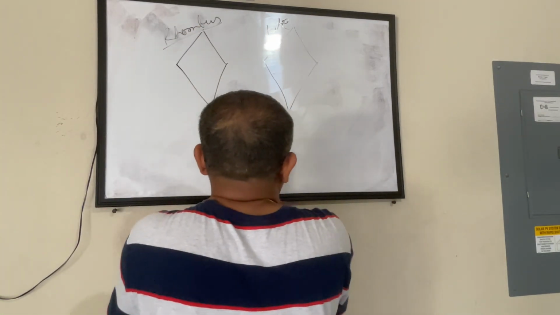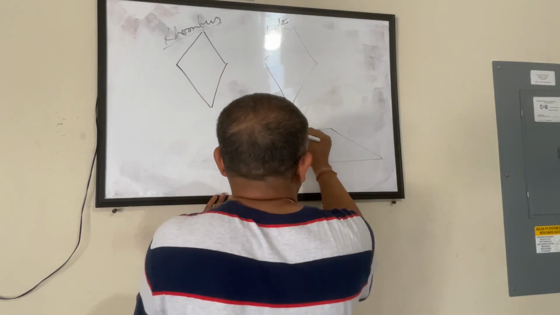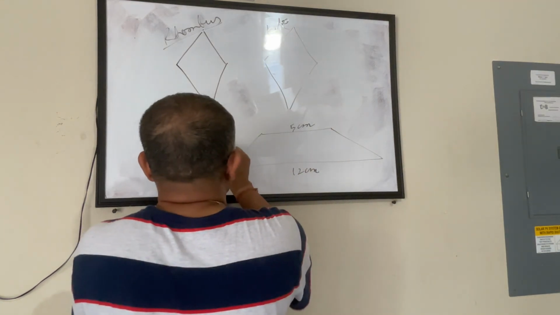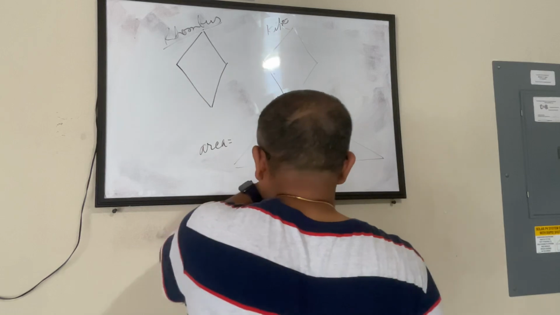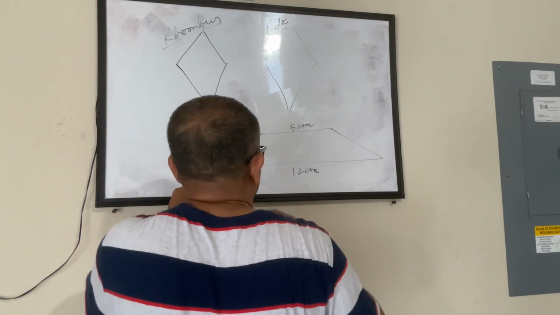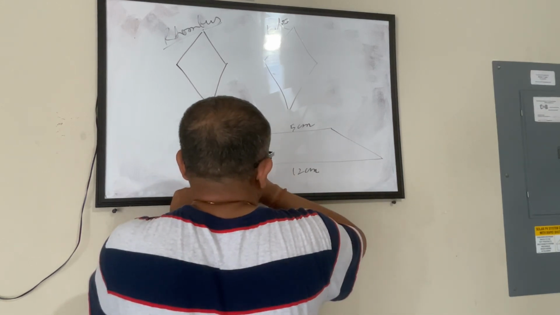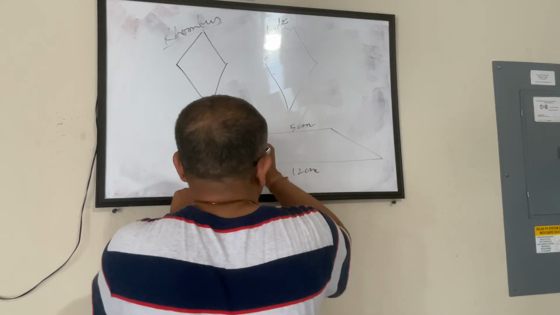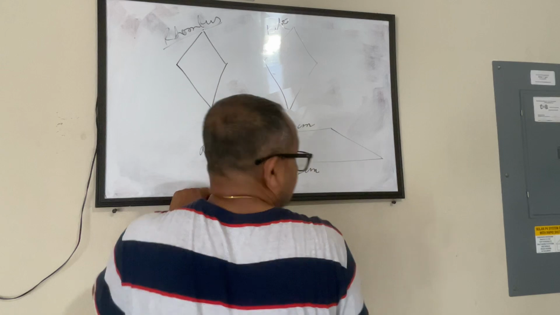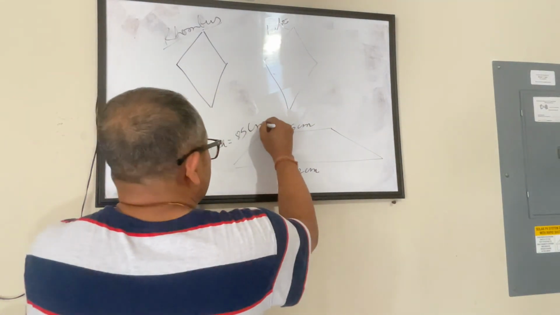And this is a trapezium. The two parallel lines are 5 centimeters and 12 centimeters, and the area is 85 centimeters square.